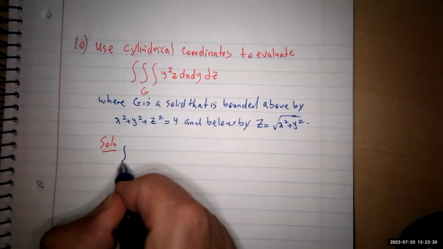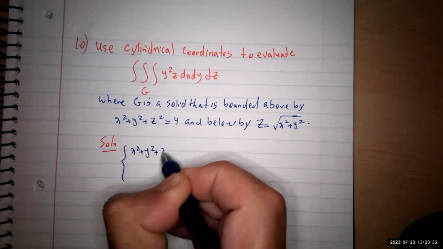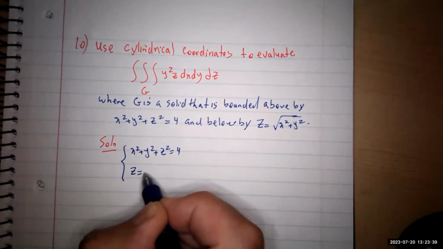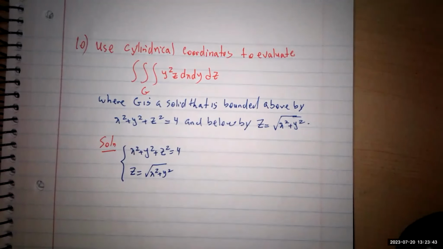To get the z part, this is x squared plus y squared plus z squared equal to 4, and this is z equal to the square root of x squared plus y squared. Since it's going to be a cylindrical form, you have to change them into the polar format.